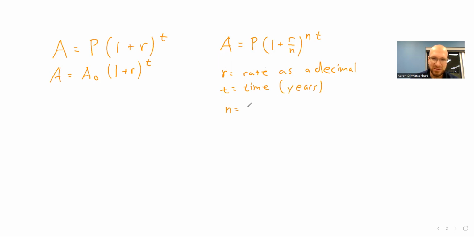N is the number of times I'm compounding per year. So if I want to compound my interest monthly, that would be 12. Quarterly, that's 4. Daily, that's 365. Don't try to get too technical. Weekly is 52.